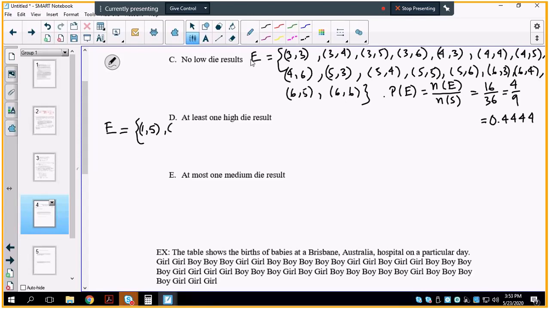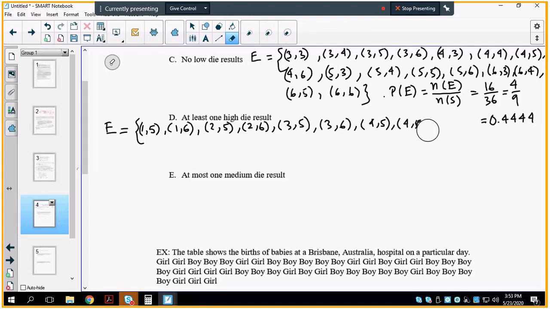I can have 1,6; 2,5; 2,6; 3,5; 3,6; 4,5; 4,6. And as I said, at least one high die does not mean both of them cannot be high. So I can say 5,5 is a good option.